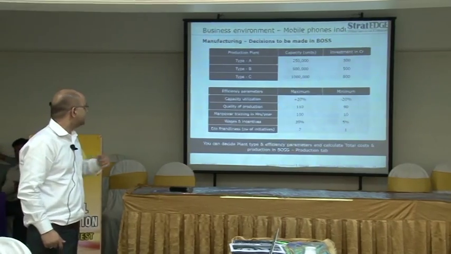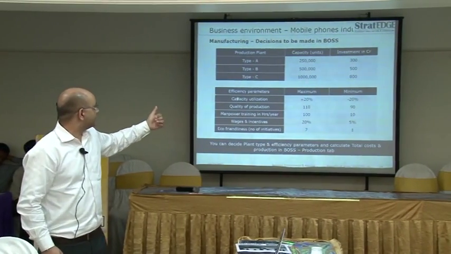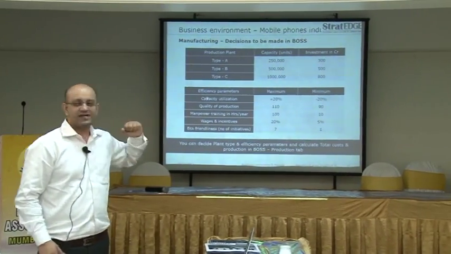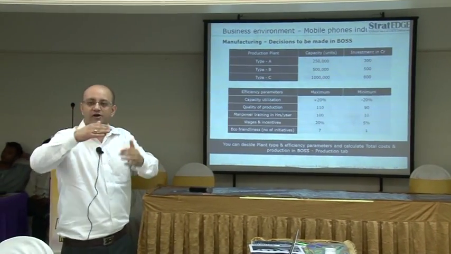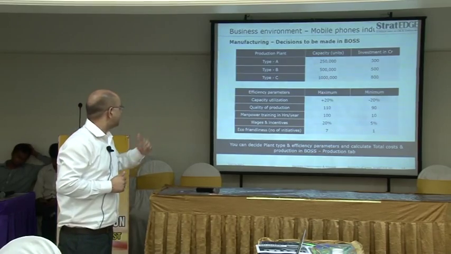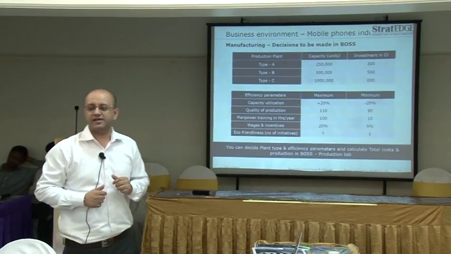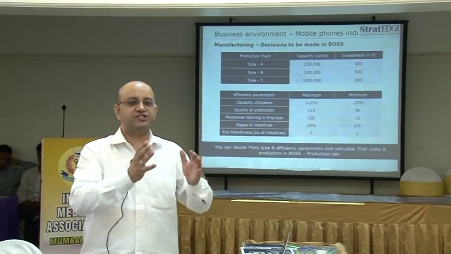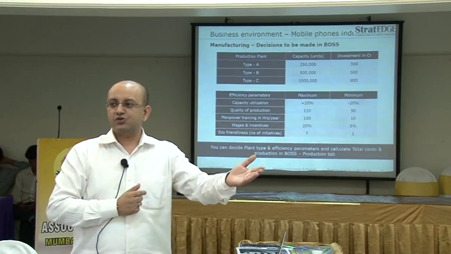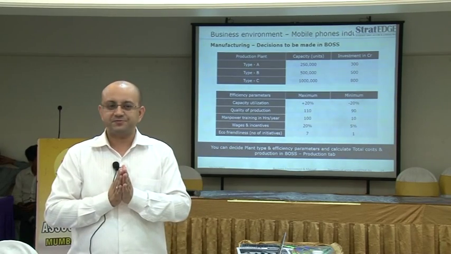Then you can actually run the production plant in different capacity utilization. You can change quality of production and increase the production or reduce the costs and decide on even wages and incentives or manpower training. So you will run the production and get an output out of that, which should be your sales target.